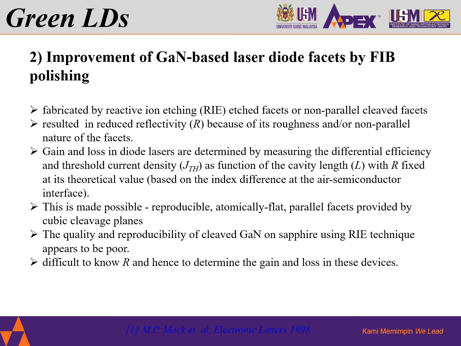This is made possible by reproducible, atomically flat parallel facets provided by the cubic cleavage planes. The quality and reproducibility of cleaved GaN on sapphire using RIE techniques appears to be very poor. Therefore, it is difficult to know R and hence to determine the gain and loss of these devices.